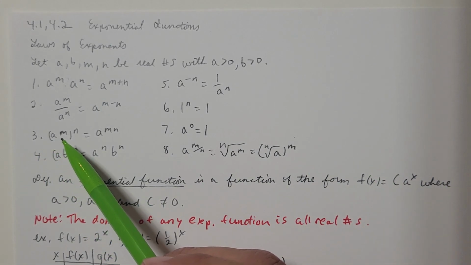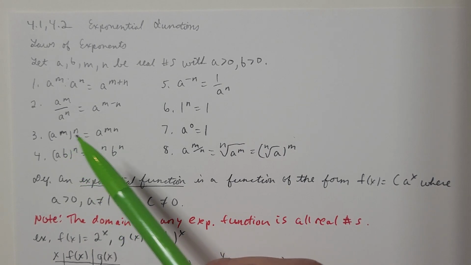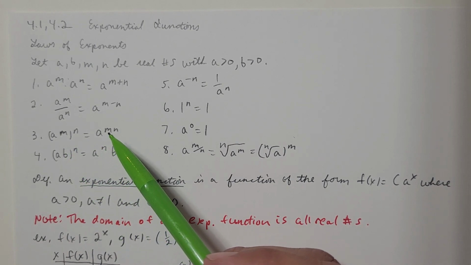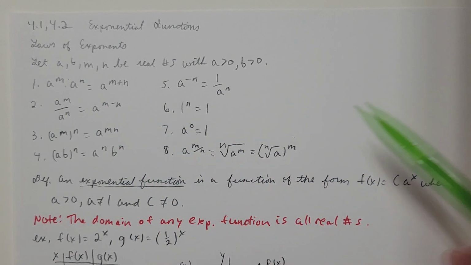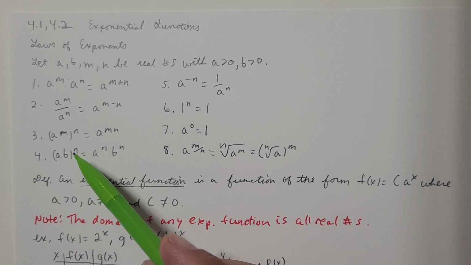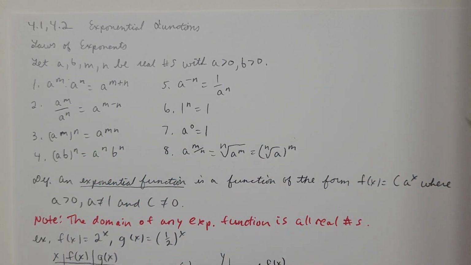a to the mth power to the nth power is the same as a to the m times n power. a times b to the nth power: as long as you're only multiplying or dividing things, you can bring the power into each and every term.